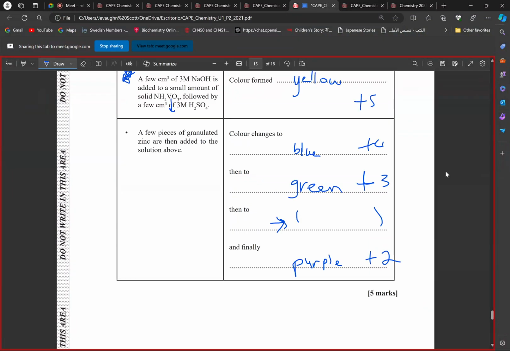Can anybody let me know what that is? All right. So there can be a mixture between the yellow and the bluish oxidation states that would give the green. All right. Give me a moment.